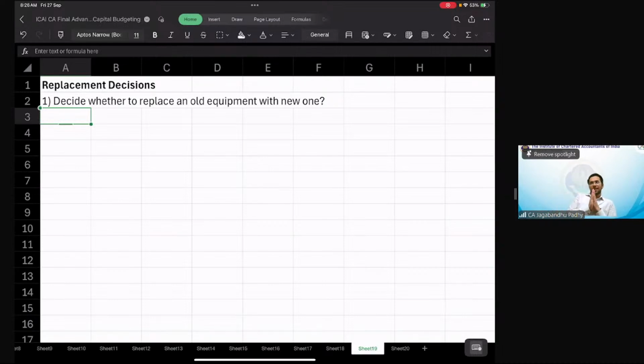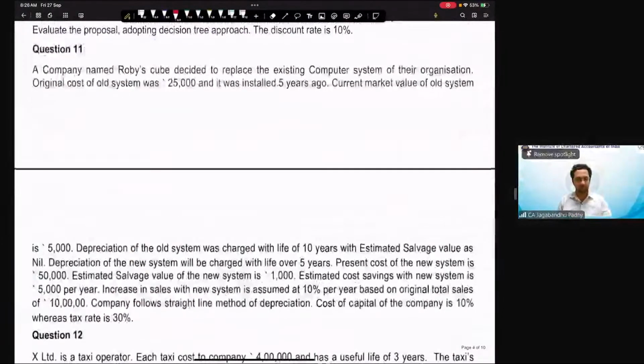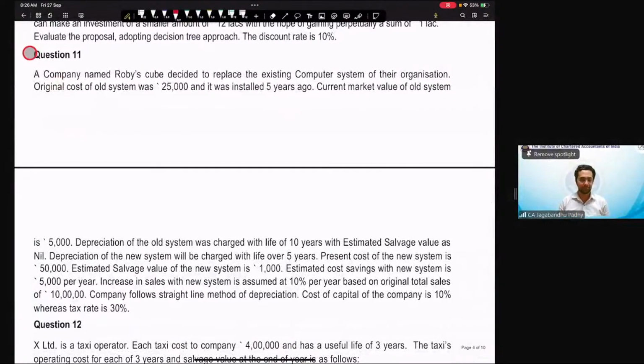If the present value of benefits exceeds the present value of costs that I incur, then of course we are going to accept the replacement decision, or else we are going to say that we are not going to replace it right now. So the simple decision is to calculate the NPV. Now let's understand this more with the help of a question, which is question number 11.